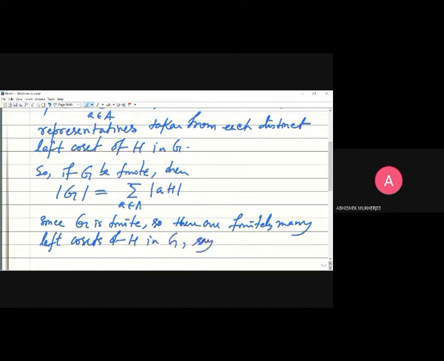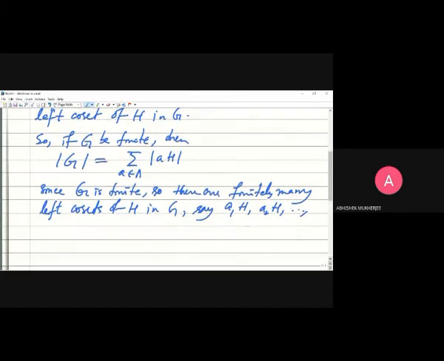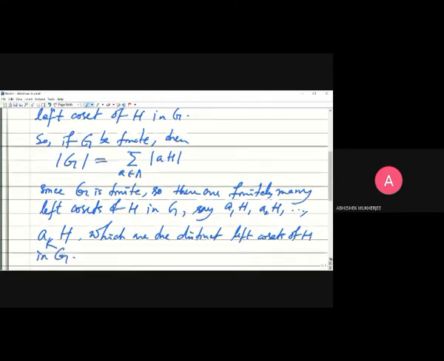Suppose the left cosets are a1H, a2H, up to akH, which are the distinct left cosets of H in G, right?